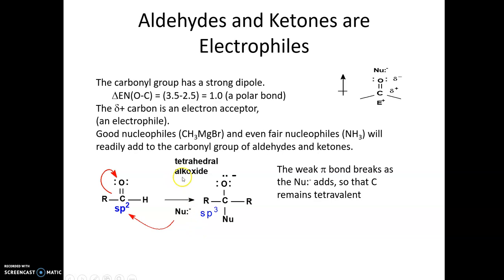This is commonly called a tetrahedral alkoxide intermediate. The pi bond breaks and the nucleophile is added to the electrophilic carbon, making it tetravalent, commonly referred to as the tetrahedral alkoxide ion.